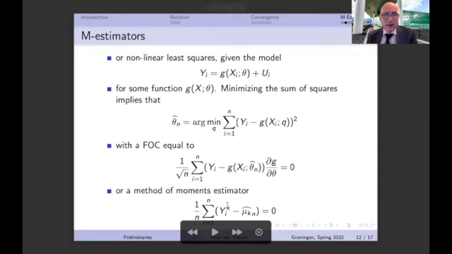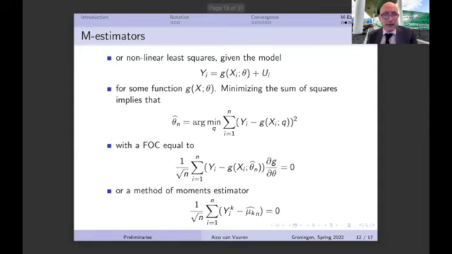Then also here we see that we almost already have exactly the same thing as what we had on the previous slide. What I still can do is multiply the left and the right hand side by square root of n, and then I get exactly that. So also method of moments estimators are actually special cases of the thing that we had on the previous slide.